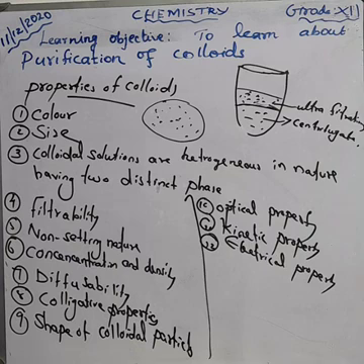Next, colligative property. I think you learn about colligative properties in the 11th grade; we have one lesson on it. Colligative properties depend on the number of moles in a solution. The important colligative properties are elevation of boiling point, depression of freezing point, and osmotic pressure.